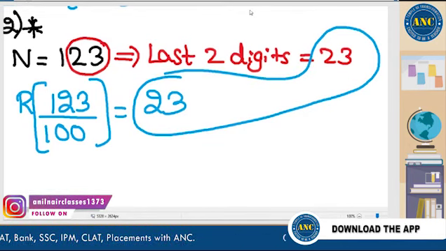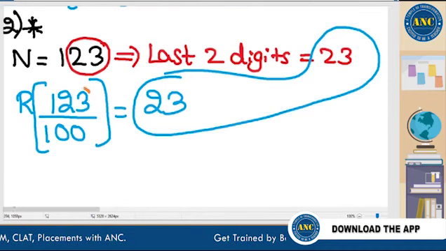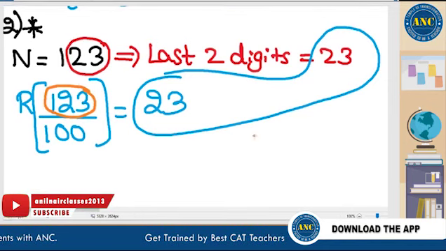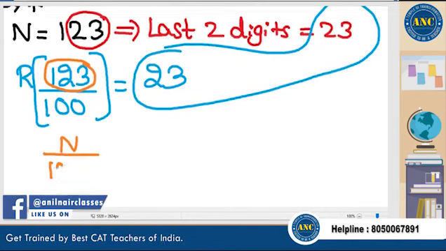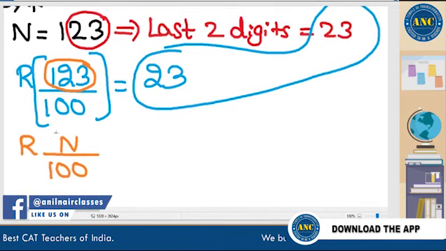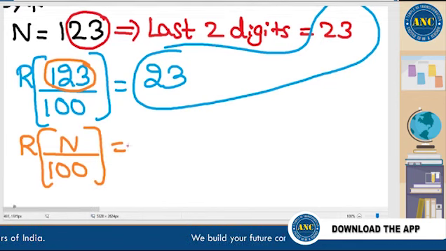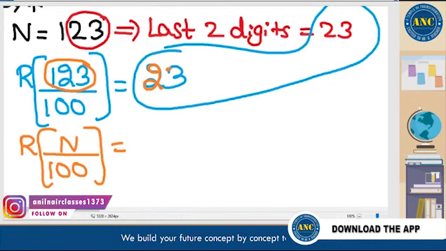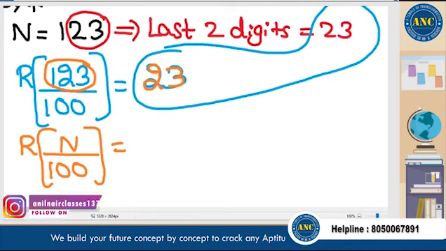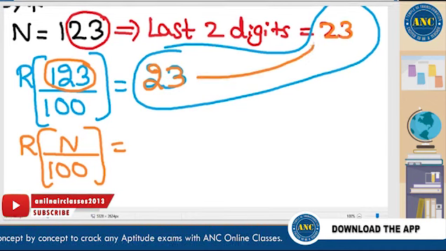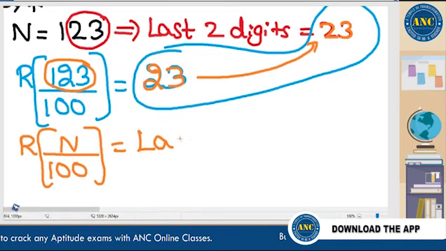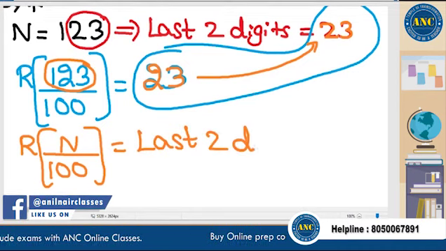That means, can I conclude that, take some random number n, instead of 123. Divide that number by 100 and find the remainder. Whatever remainder you get when you divide that number by 100 is exactly the same as the last two digits of that number, right? Very important key point.